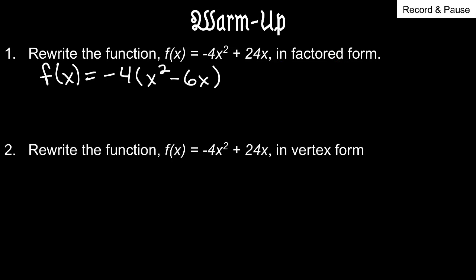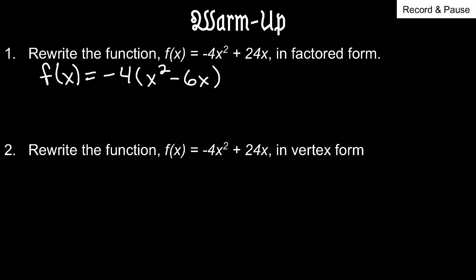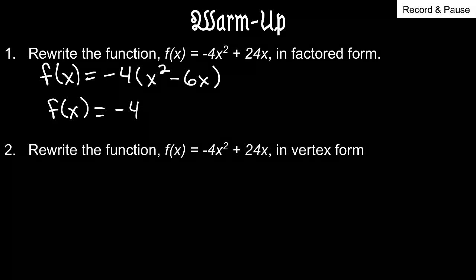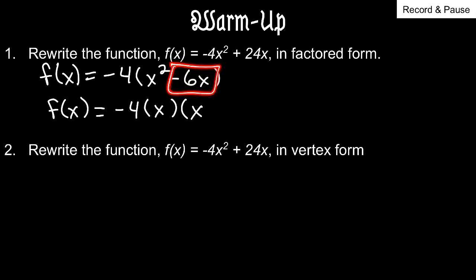The trick is to just factor out the x now. So we have f of x equals -4 times, and I'm just going to put it like this. When we factor an x out of this, we get x. And when we factor an x out of this, we get subtract 6.